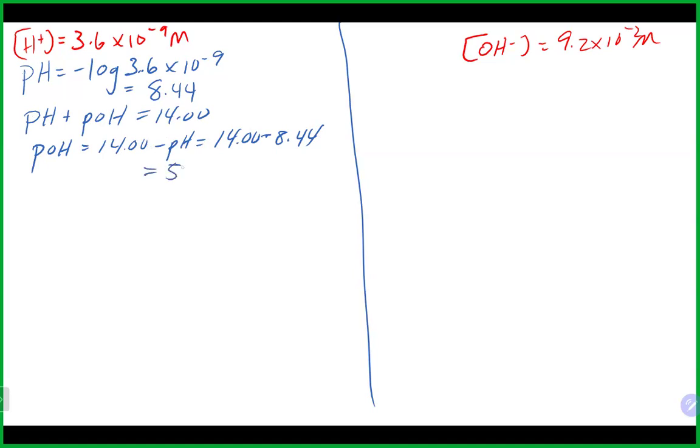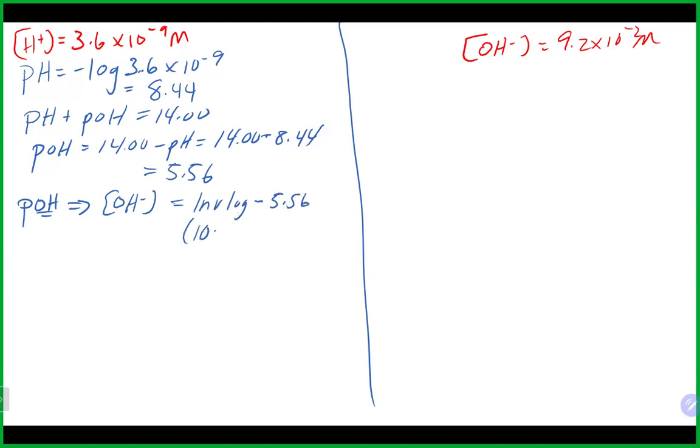That gets us 5.56. I still have my option to use Kw if I wanted to, but now that I have the pOH, why not try the new calculation? I could use the pOH to get the OH minus concentration from it directly. That's going to equal the inverse log of negative 5.56.